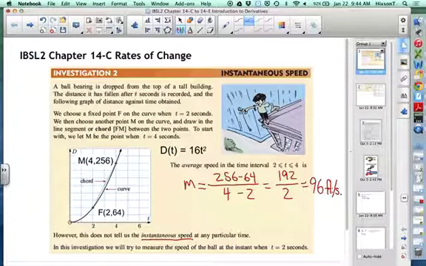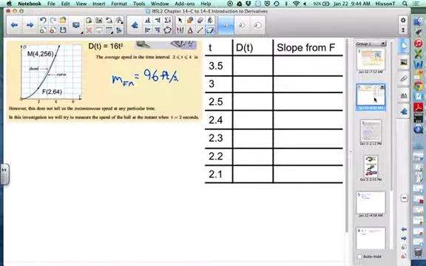Alright? So here's what I want you to do. I want you to take a couple minutes and work with somebody here to complete this, alright? What I want to do is actually shrink the interval of time. If I wanted to figure out the exact speed at 2 seconds, I could approximate it by moving this point M closer and closer and closer, right?